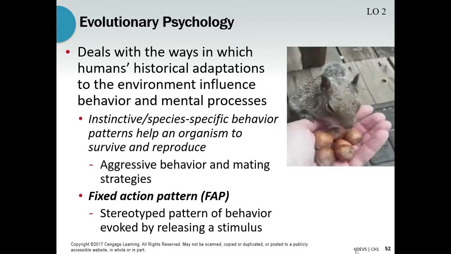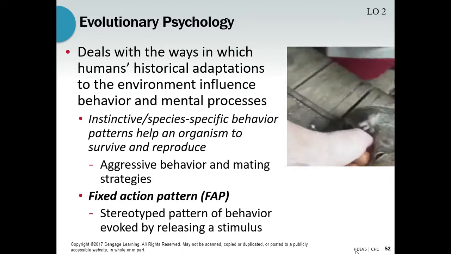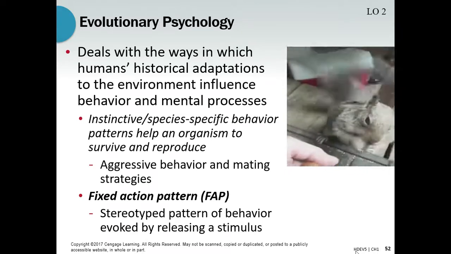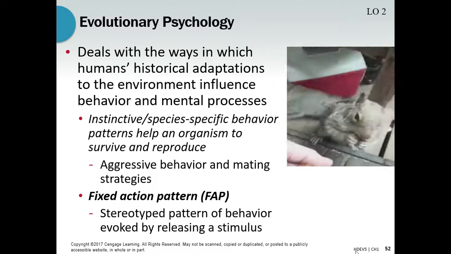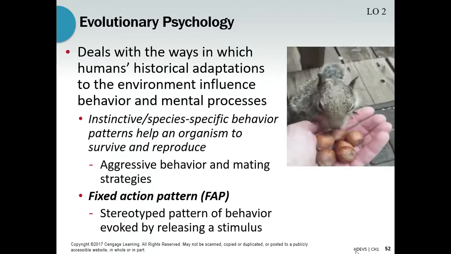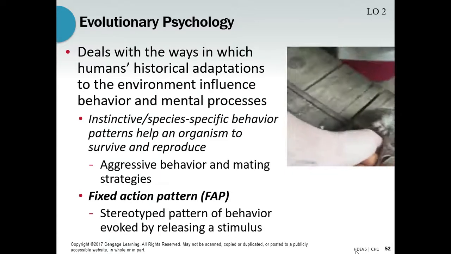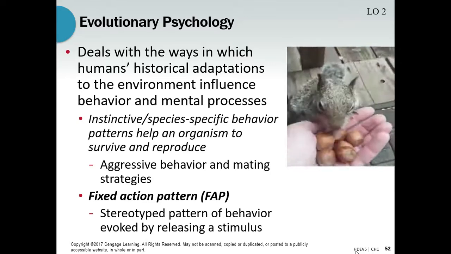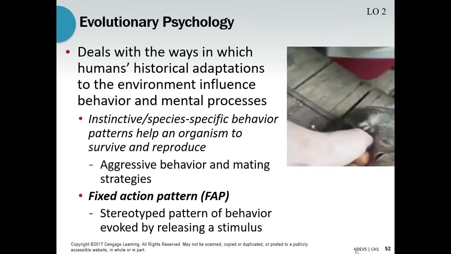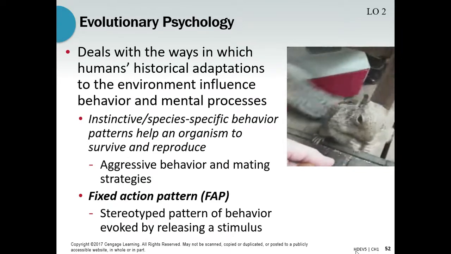What you're seeing there in the picture is what we call a fixed action pattern. You can take a squirrel and breed it, feed it from birth, nothing but a liquid diet. But if you give that squirrel a nut, that squirrel is going to do some very basic behaviors. They're going to take the nut, they're going to roll it around in their hands, they're going to stick it in their mouth and chew on it, kind of bite it from different angles.